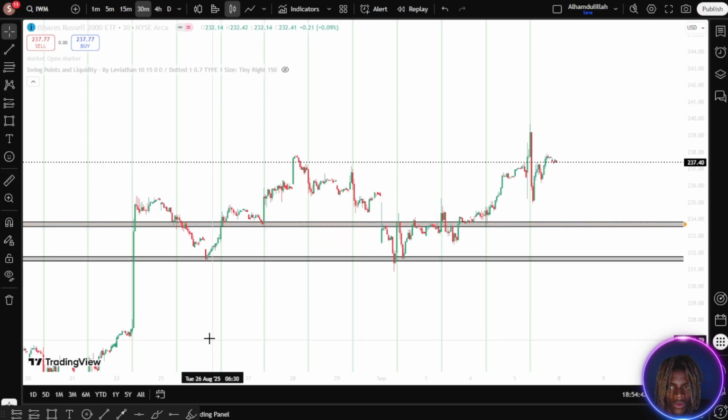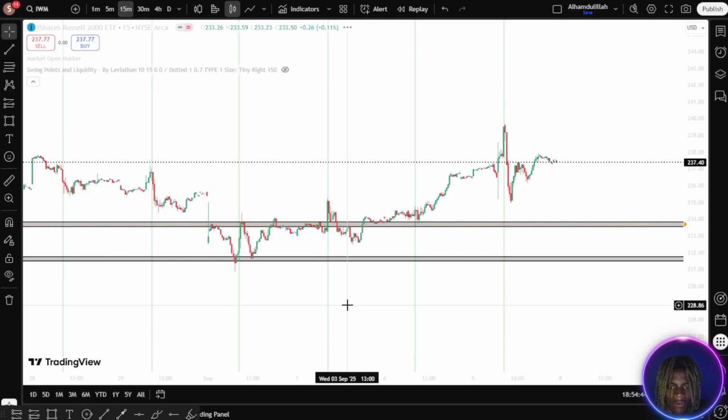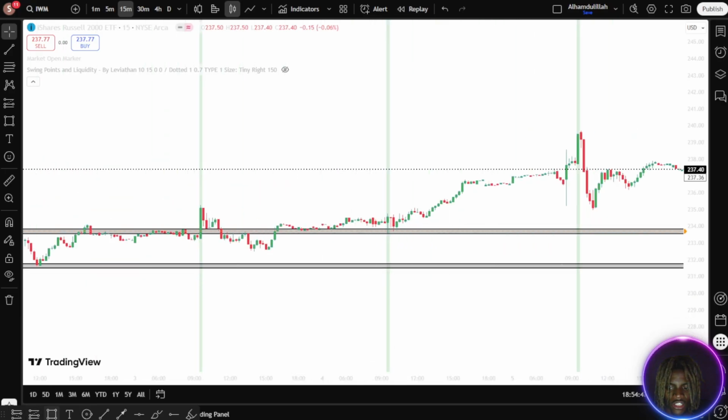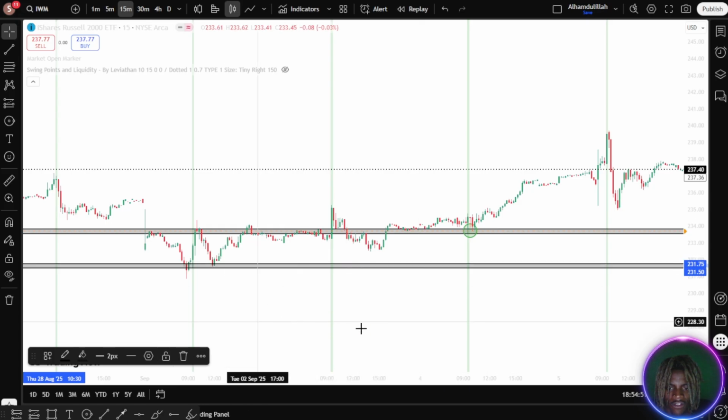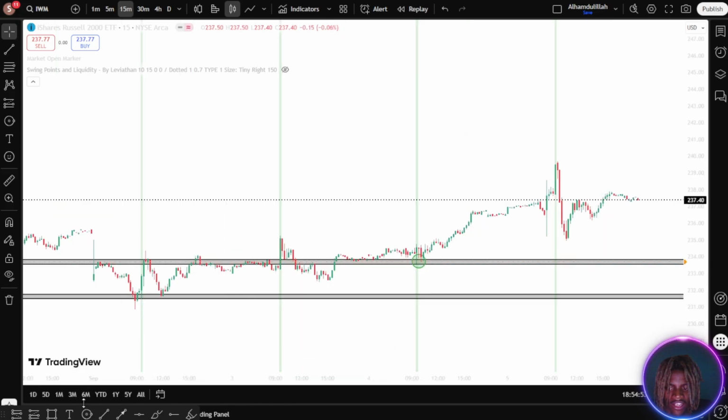So cool. All I'm doing is 930. I'm going my 15 minute. I can see some 930 support right here. Let me wait for the 930 support to be retested off of. And I'm going to go ahead and take it into this 930 support over here. And then we have some more support over here too.